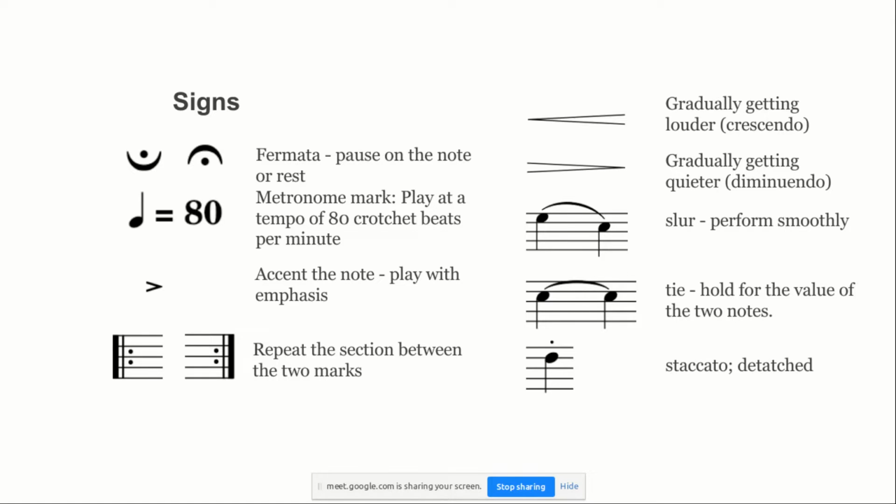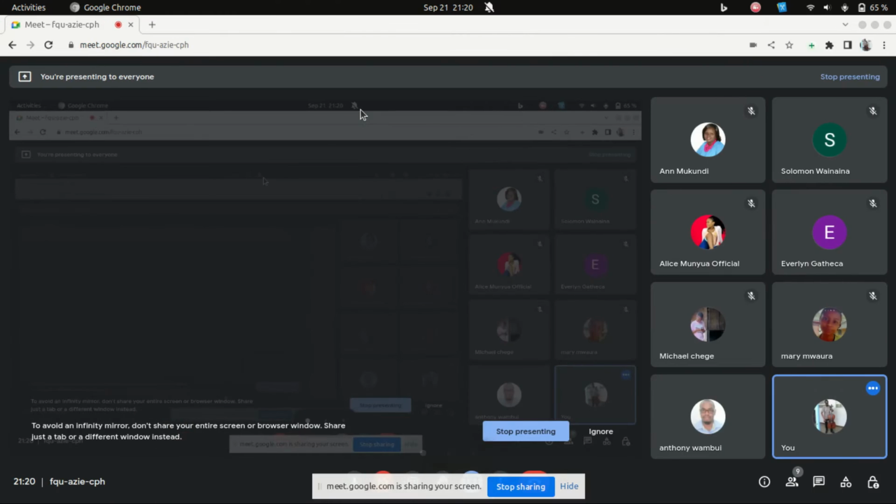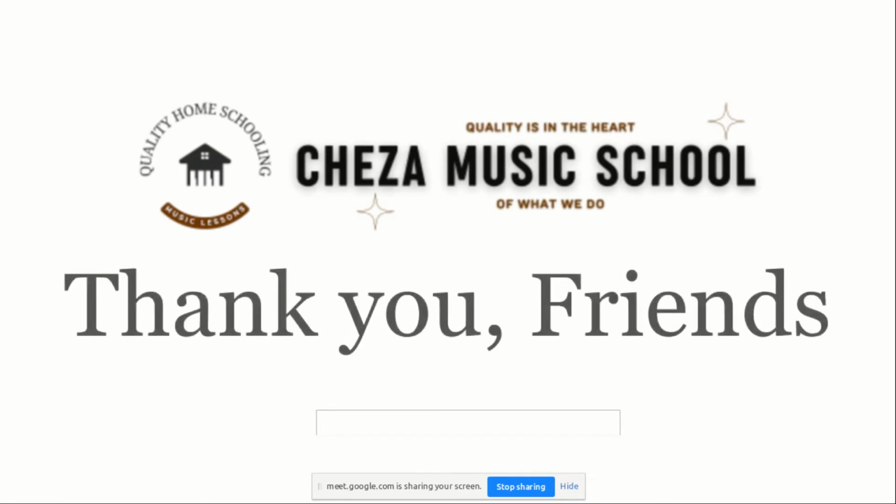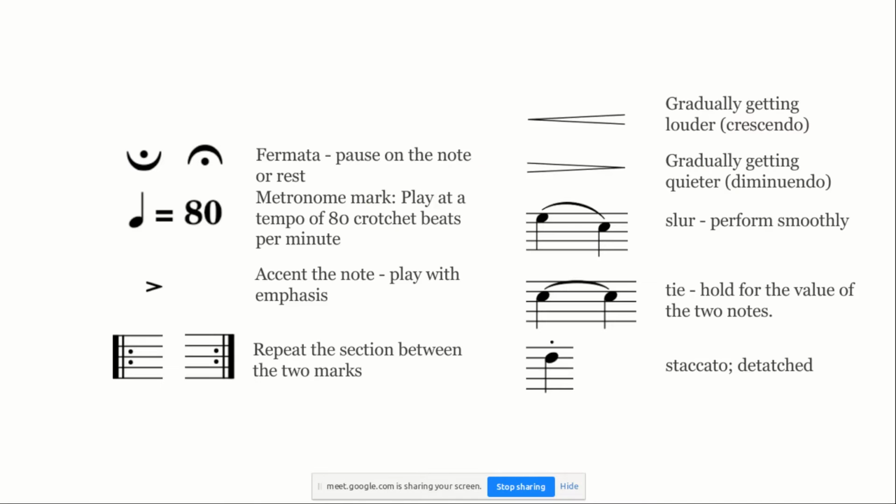Mwalimu, yes, please. Just a quick one on the staccato. There are times when we are singing a song, we have a rhythm, like the one that we are doing on Sunday.